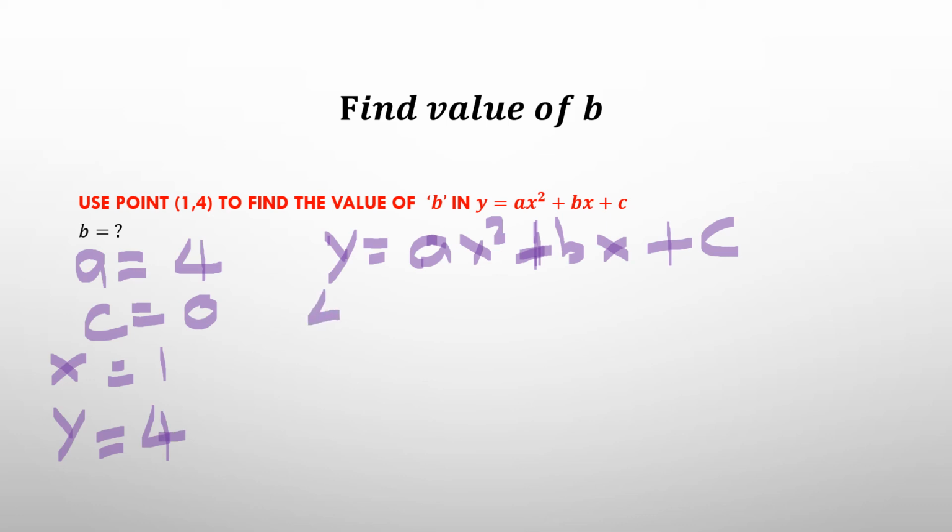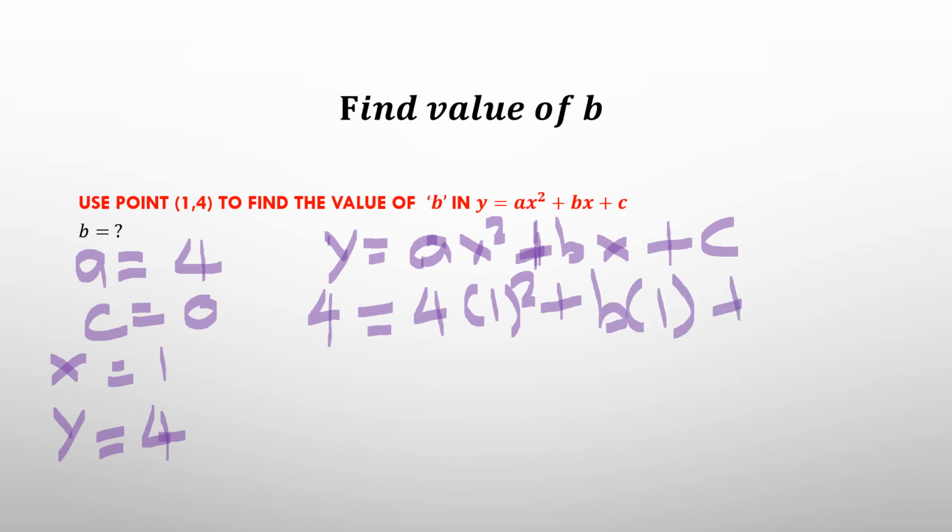Plug in. y is 4, a is 4, x is 1. We don't know the value of b, x is 1, and c is 0. So we have 4 equals, 1 squared is 1, so 4 times 1 is 4, plus b times 1 is b.